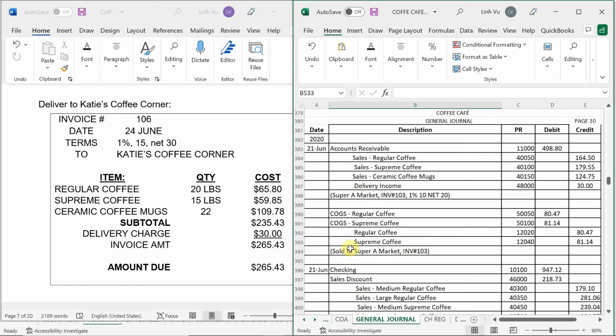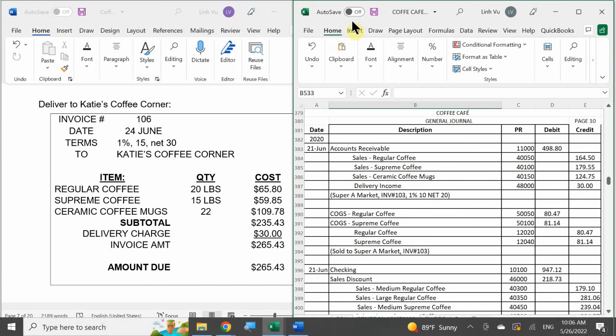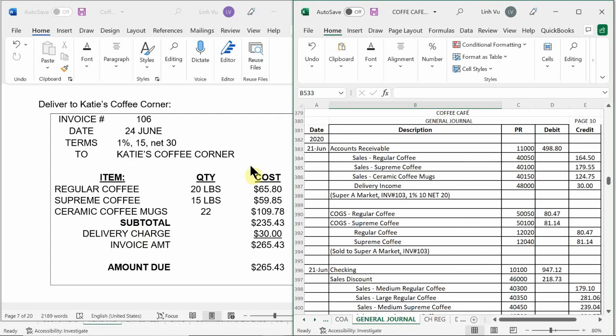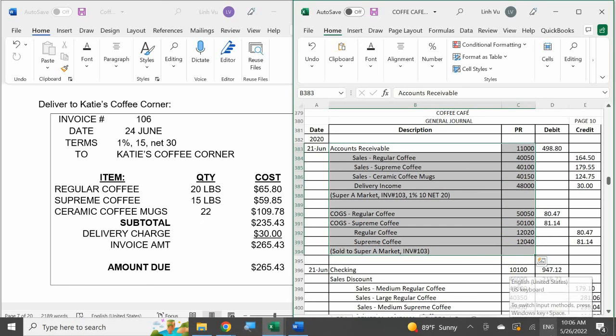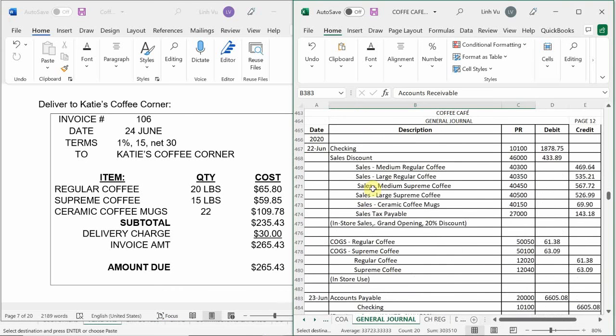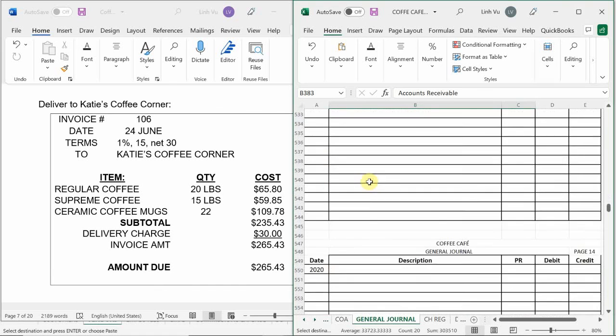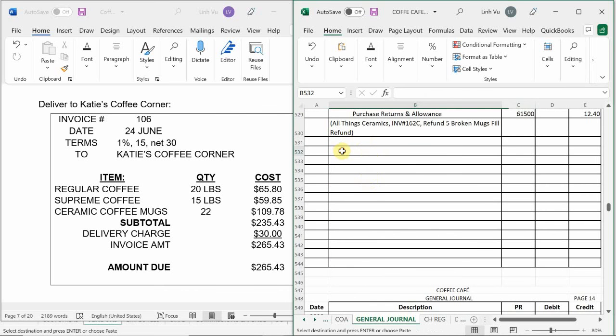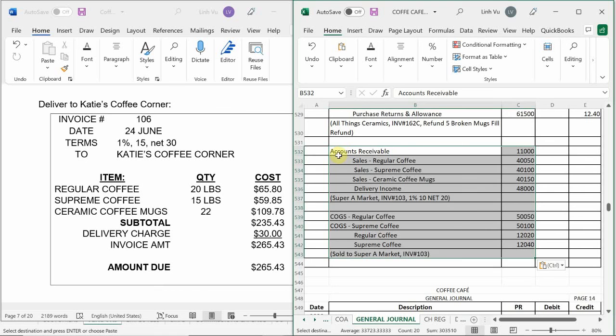Regular coffee, Supreme, and Mike's. And we also included a delivery charge, and she owes me on an account. So in this case, here is the perfect transaction. All we have to do is just modify the description. So this should fit perfectly in this spot right here. Awesome. We reached the very end of the page.